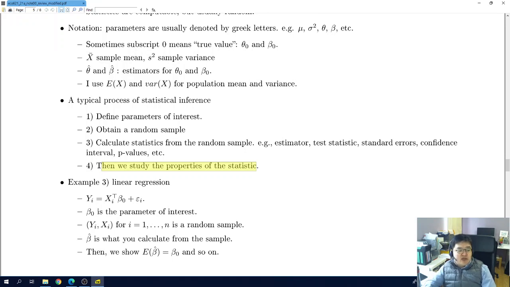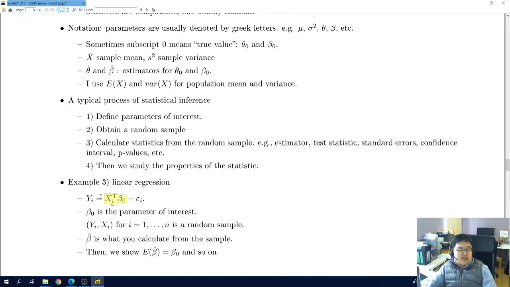Okay, let me give you a more concrete example. Think about linear regression. I believe you learned linear regression somewhere before, and this is a typical form of the linear regression model. In here, what we are interested in is beta 0, beta. So we learned that y is generated from this linear relationship plus error.